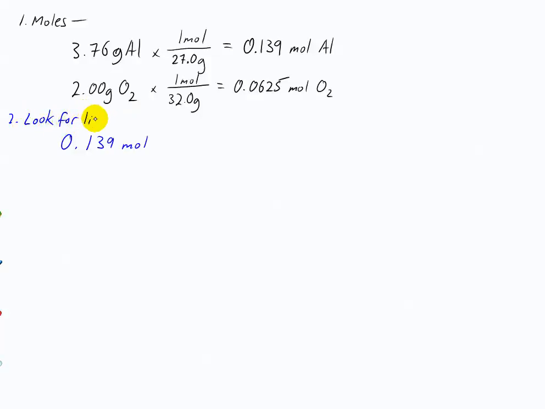Look for limiting reagent. So 0.139 moles of aluminum times our same mole ratio from before, 4 moles of aluminum per 3 moles of oxygen. How much oxygen do we need then?